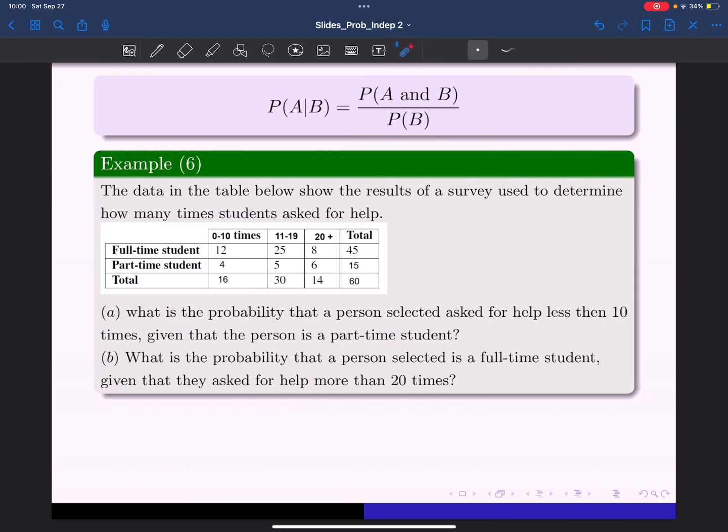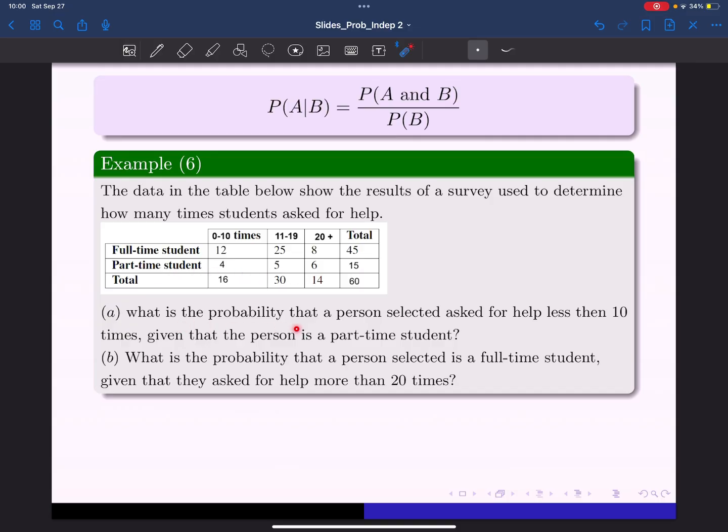Example 6. The data in the table below show the results of a survey used to determine how many times students ask for help. Full-time students that ask for help 0 to 10 times is 11, 11 to 19 times is 25, 20 plus is 8, and then the total. Part-time students are listed here.